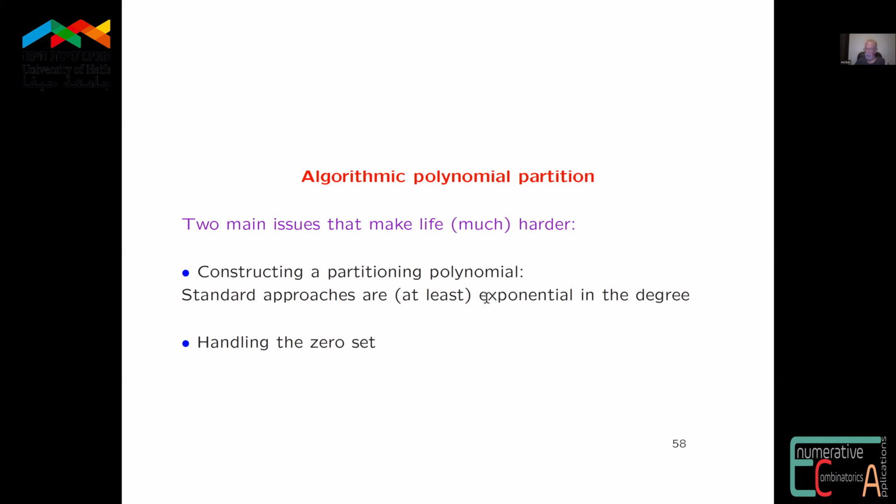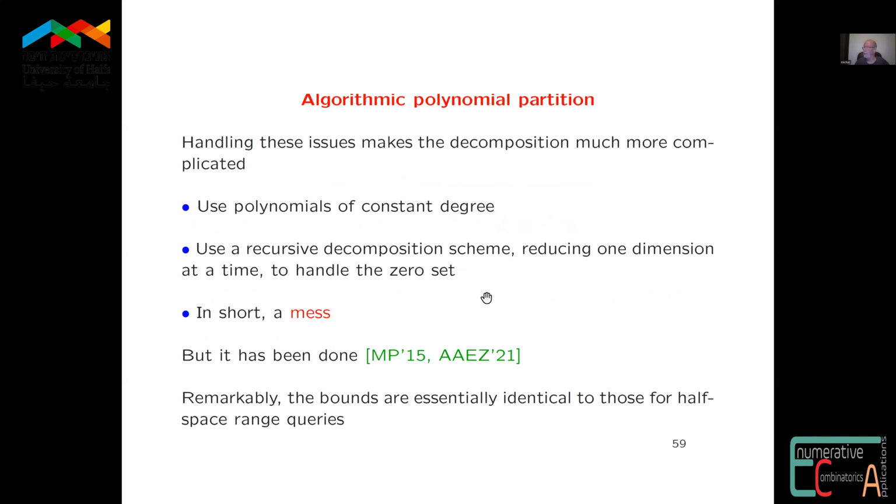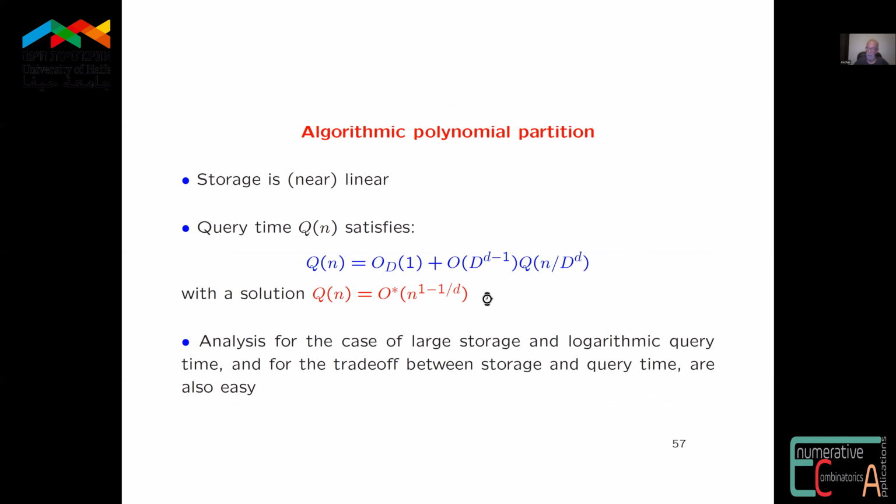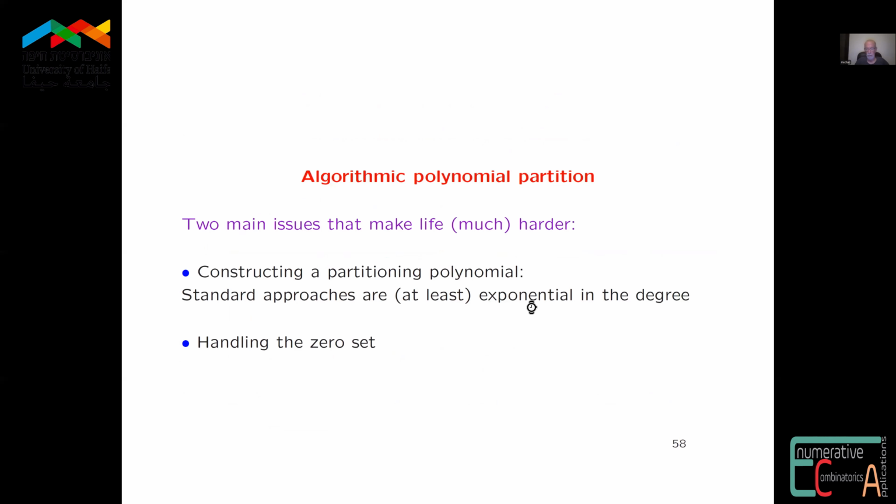And how to handle the zero set, because again, if many of the points lie on the zero set, all this beautiful uniform partitioning will not work. So it's complicated, but it has been done in those two papers that I mentioned. And the bound that you get is very much like the bound for half-space range searching, which is quite remarkable. Nobody thought that it should be as close to this.